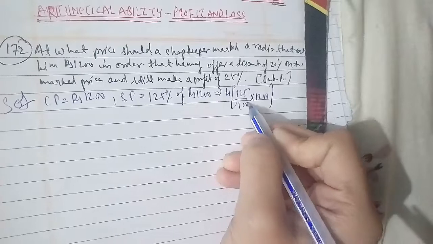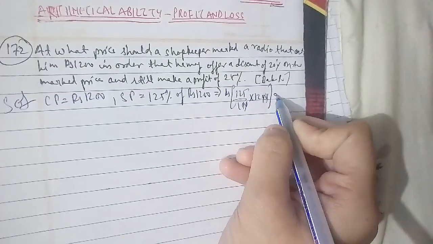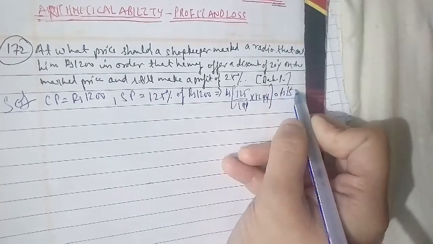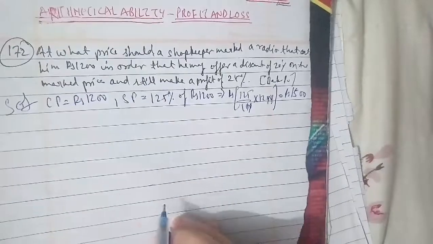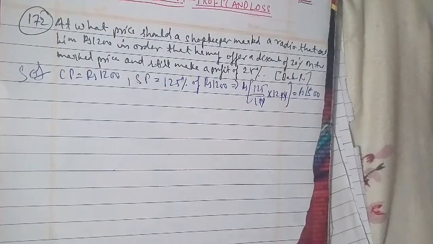These two things cancel out. 125 into 12, it is rupees 1500 that we have.